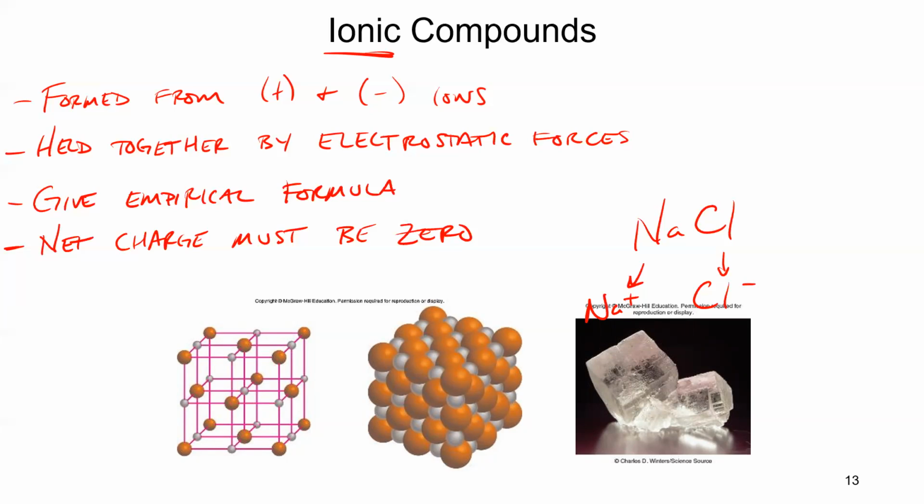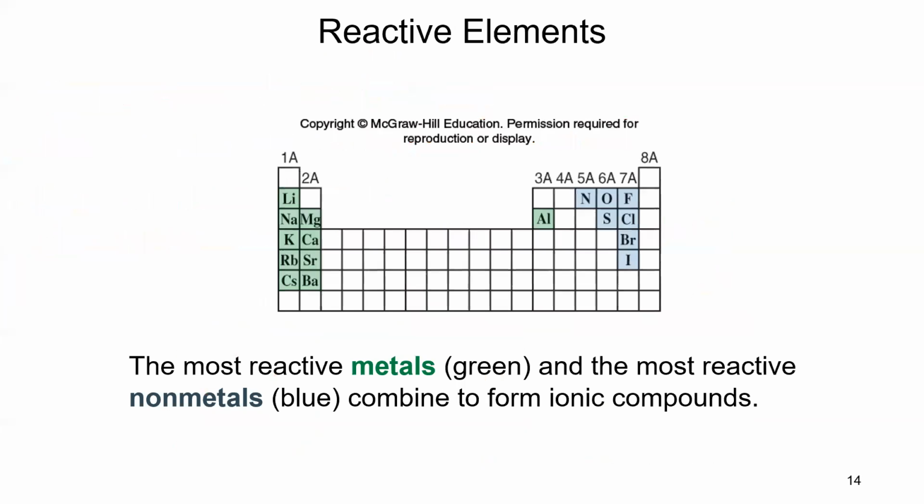When we think about bringing ions together to form compounds, it's not always nice and easy where there's one sodium for every chlorine, a 1-to-1 ratio. A lot of times we have to think about bringing together multiply charged ions. That's why we took a look at the common ions in the periodic table earlier.